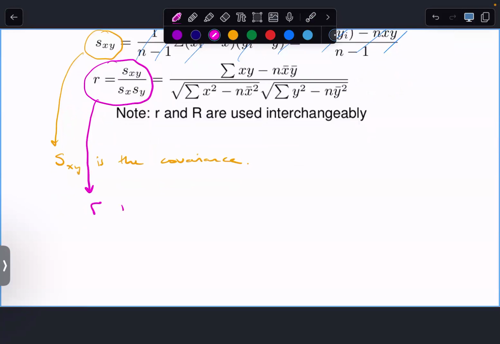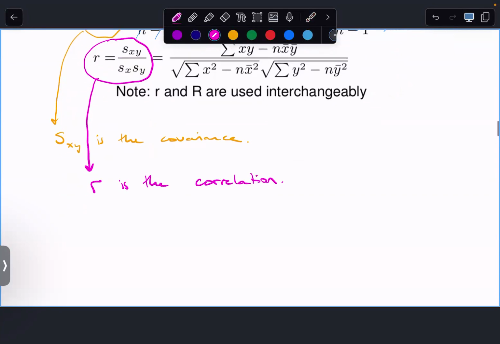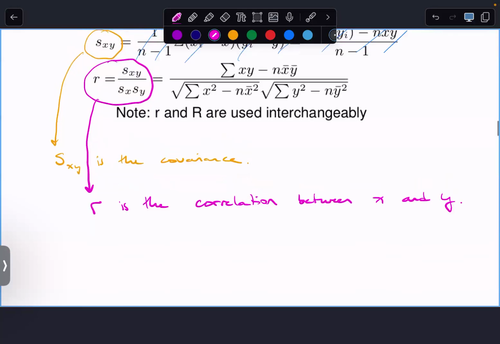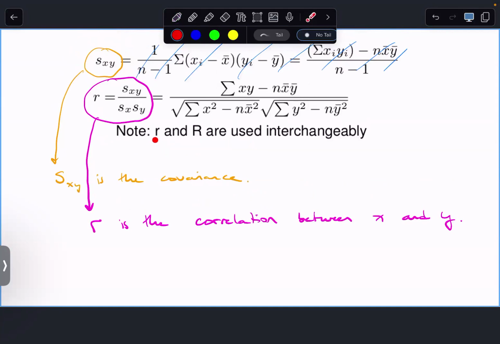So here, R is the correlation between X and Y. I will say that I use a lowercase r just because that's the most common thing that we use, and old habits are hard to shake.